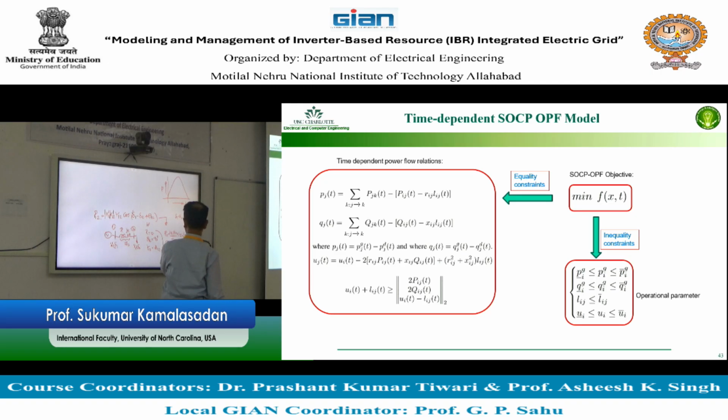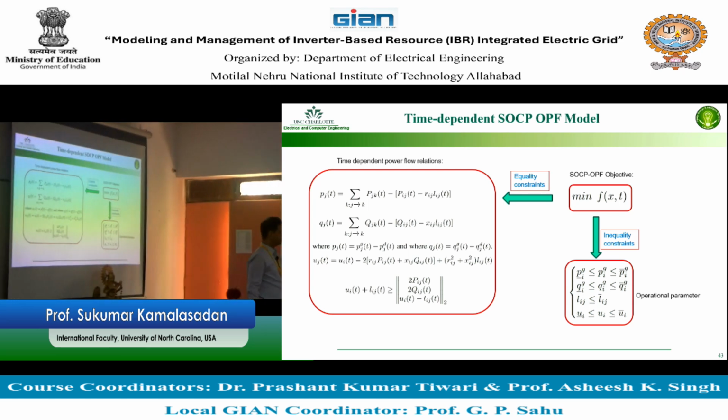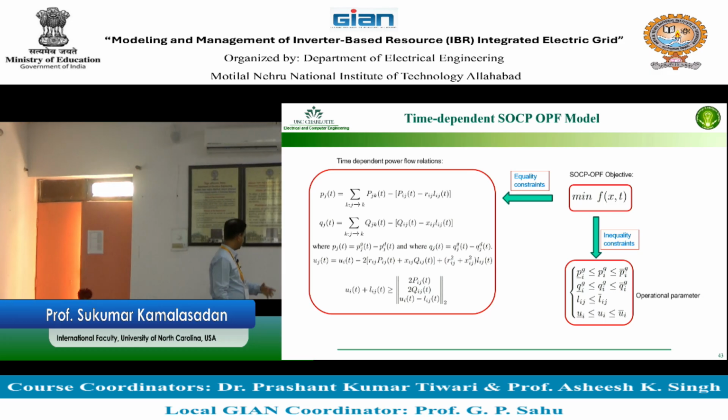So that is what one of you were saying: P12 is V1 V2 over X sine delta. That's a special condition of the general equation for power flowing between bus one and two.